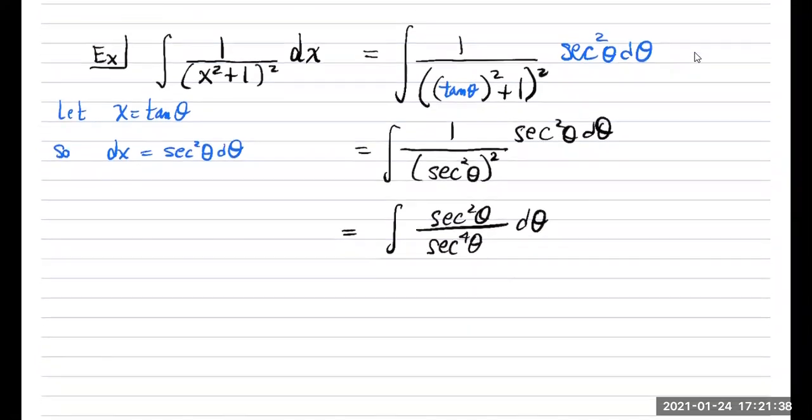And when you simplify that, secant squared over secant to the fourth is 1 over the secant squared, which is cosine squared. The power of the cosine is even, so we're going to use the half angle identity again.